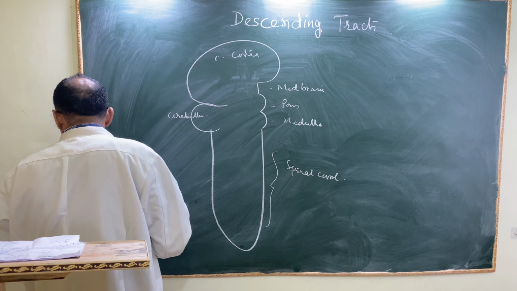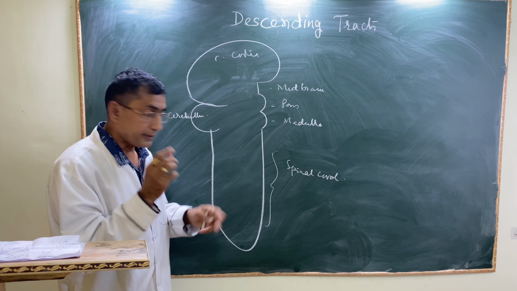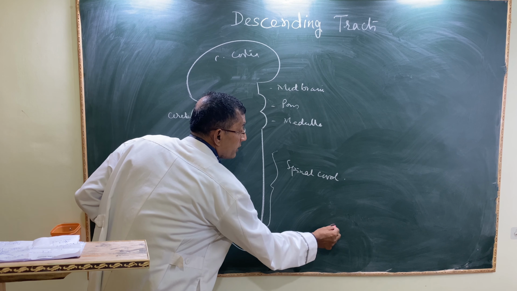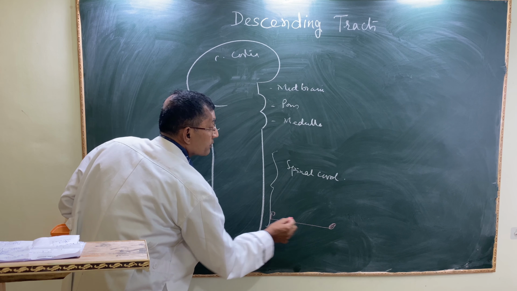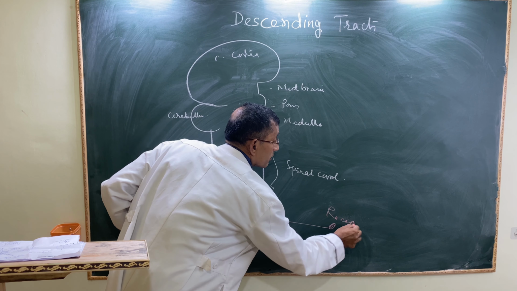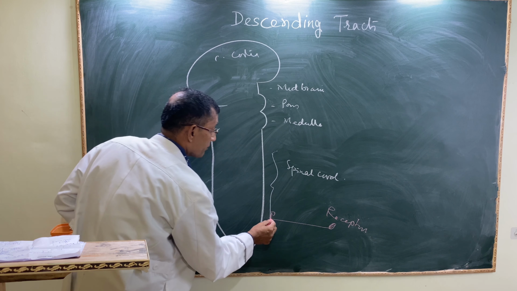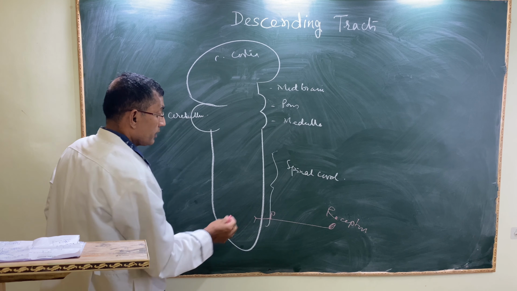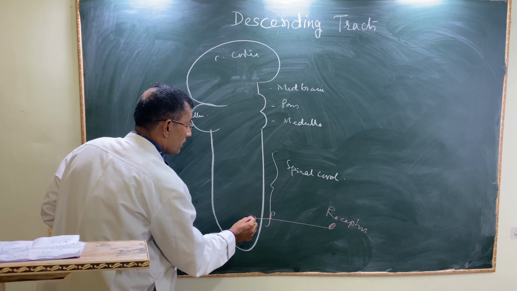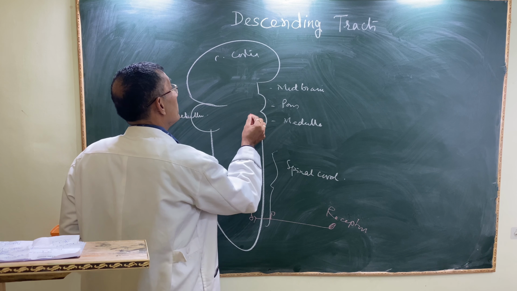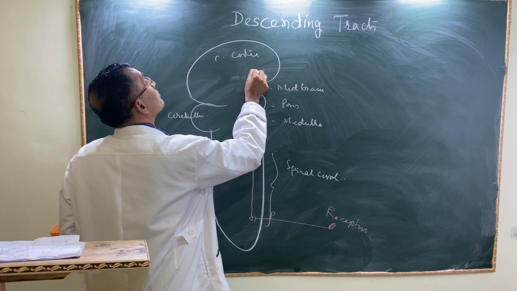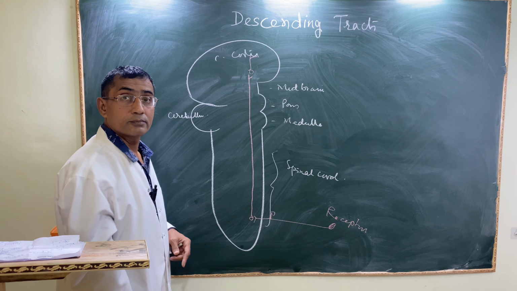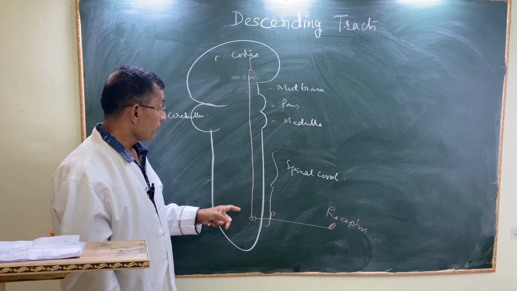Now, if we draw the diagram of ascending tract, here we have the receptors. Then here we have the neuron which will carry information to the central nervous system.